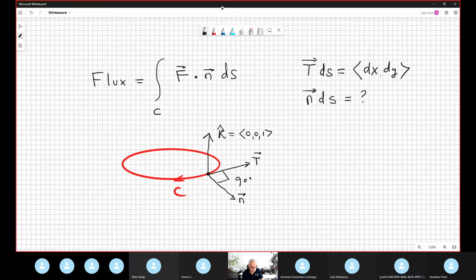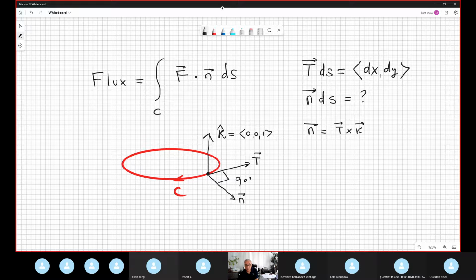Looking at the picture, I saw that the normal vector, maybe we can find using the cross product between the tangent vector and K. Makes sense, right? Remember the right hand rule? My finger points to the direction of the tangent vector. I rotate my finger to touch the arrow of the K vector, and you get in my thumb the normal vector. I suppose it works.